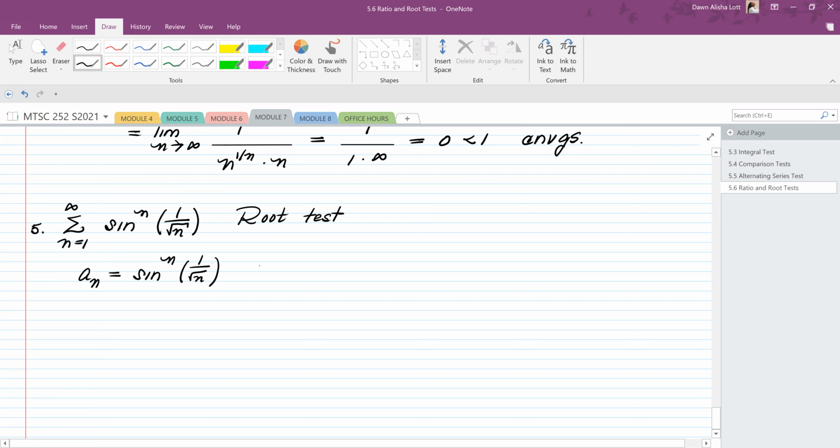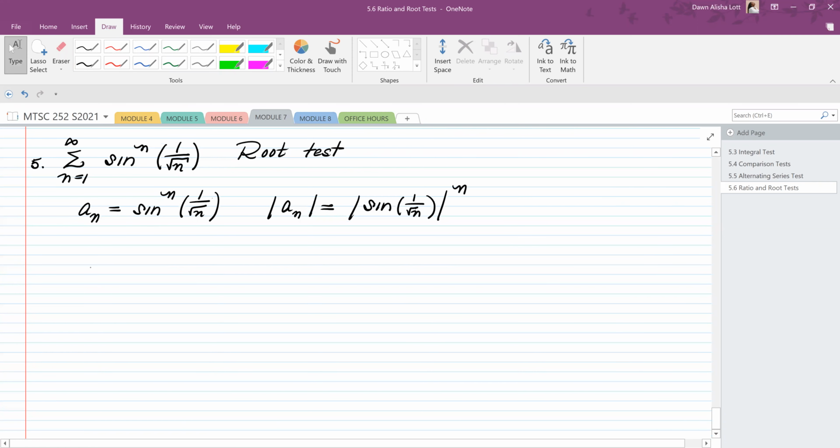It's not positive, so we have to take the absolute value of a_n, the absolute value of the sine of 1 over the square root of n, to the nth power.